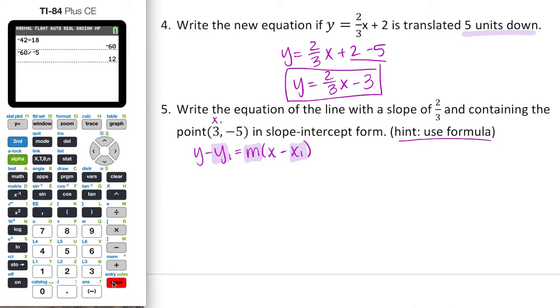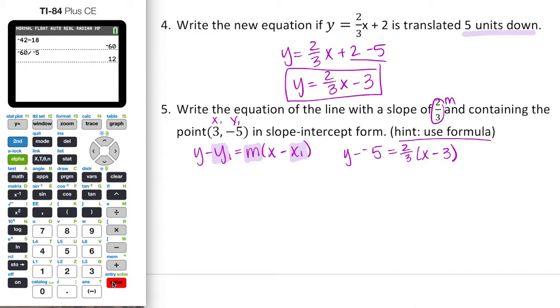We're going to have x1, y1 as that (3, negative 5), and our slope is our m value. So our equation is going to say y minus negative 5 equals 2/3 times x minus 3.